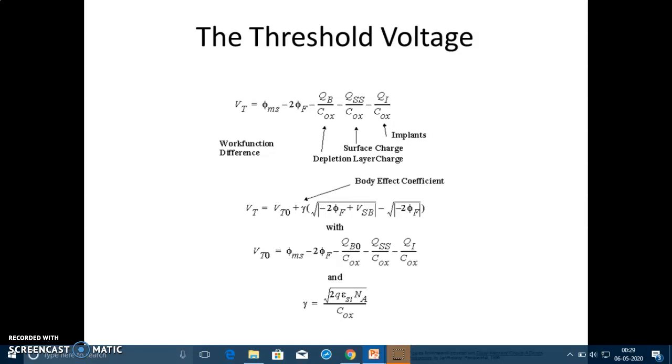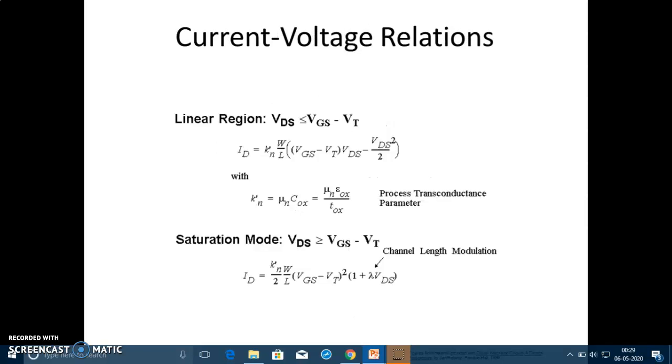Also Vt equals Vto plus gamma into root of minus 2 phi_f plus Vsb minus root of 2 phi_f. Here gamma is the body effect coefficient. Gamma equals root of 2q epsilon_Si Na divided by Cox. Cox is the oxide capacitance. Here epsilon_Si is the permittivity of the material.